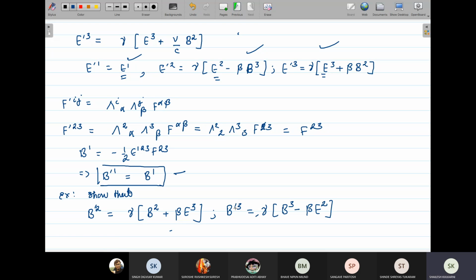There is no existence at all, no meaning to electrostatic and magnetostatic. In fact, one should start studying electrostatic and magnetostatic from this point of view.